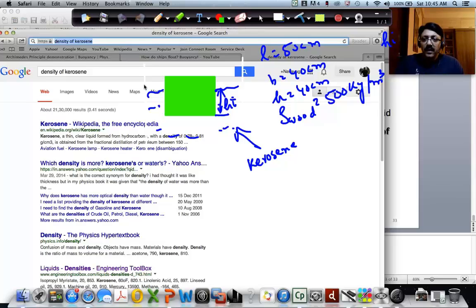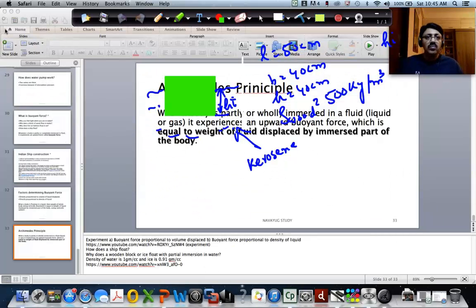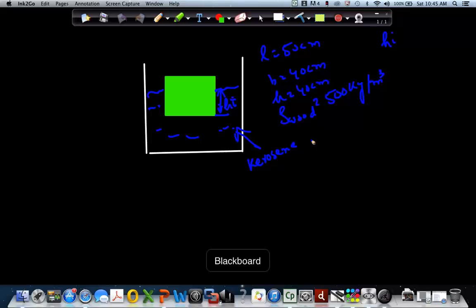Okay, density of kerosene is 780 kilogram per meter cube. So density rho kerosene is equal to 780 kilogram per meter cube. I want you to find what is hi. Homework.